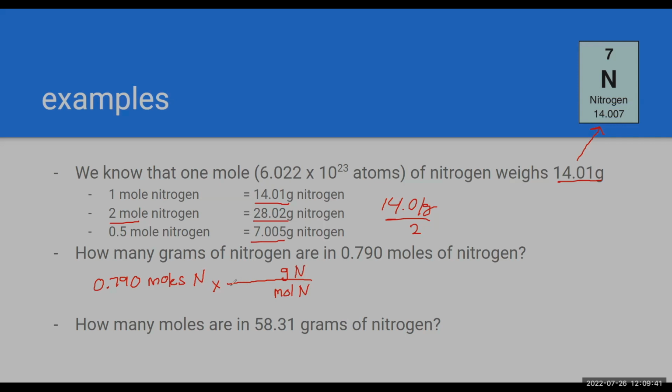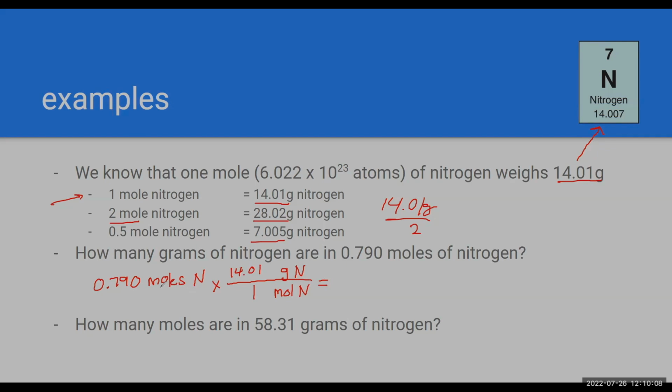So what I'm going to do here is I'm going to use this conversion factor that you see right here. So we see that 1 mole is equal to 14.01 grams of nitrogen. So I'm going to put 1 mole on the bottom. And then I'm going to put the mass on the top in grams. So I'm going to put 14.01 grams of nitrogen.